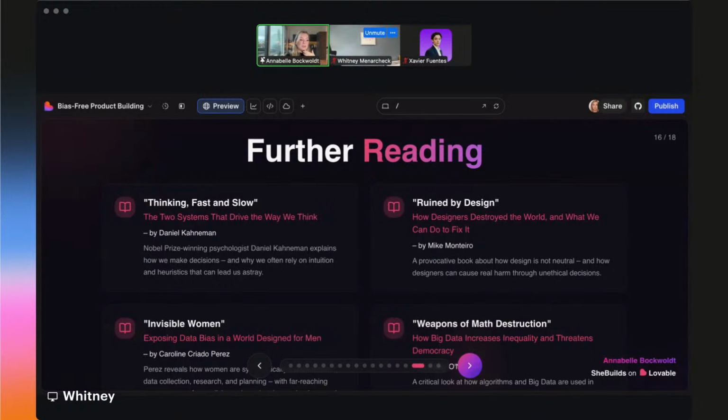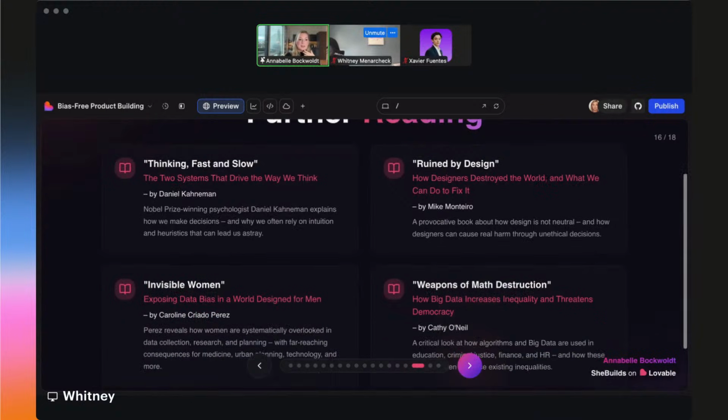And I think it really opens the eyes on how product design affects society. Invisible Woman is also quite famous, about how data bias is affecting women in a world so-called designed for men, and Weapons of Math Destruction in general, on the effect of big data on society and also democracy in this case.